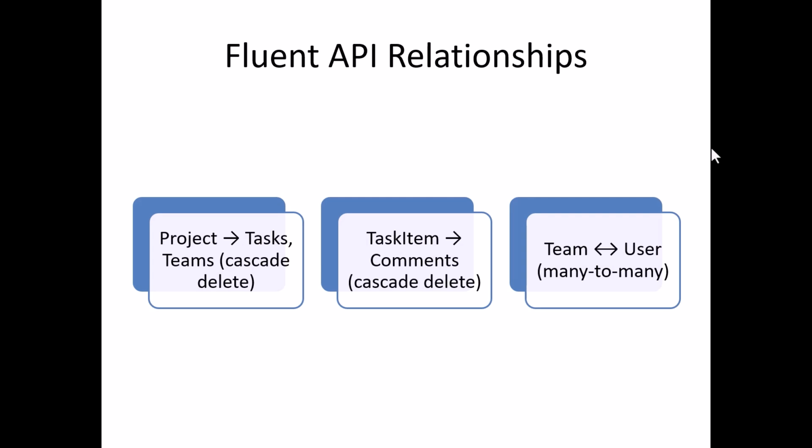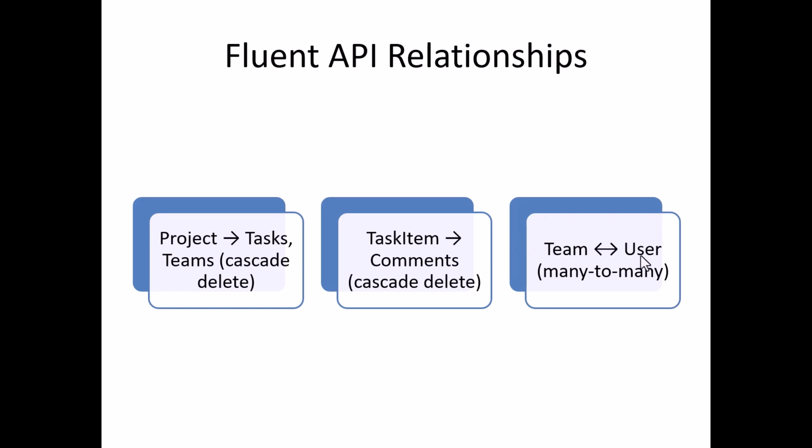Now let me show what Fluent API relationships we have created through the application DbContext. Now we have got project to tasks and teams. This is a one-to-many relationship between project to task and project to teams with a cascade delete. So if the project is deleted, all the related tasks and teams will be deleted. Similarly, we have got a one-to-many relationship between task items and comments, and there is a cascade delete. So if any task item is deleted, all the comments will be deleted, so there will be no orphan comment.